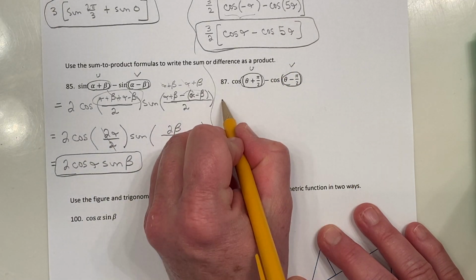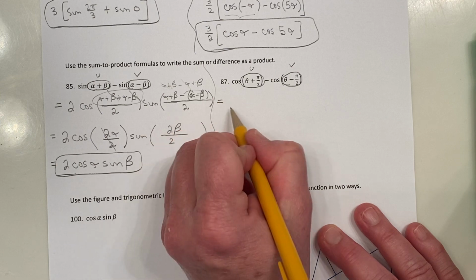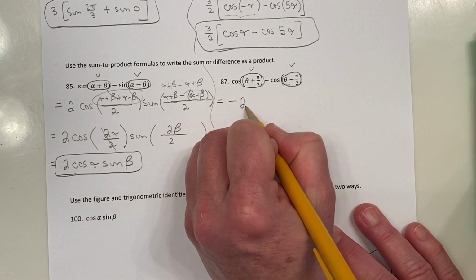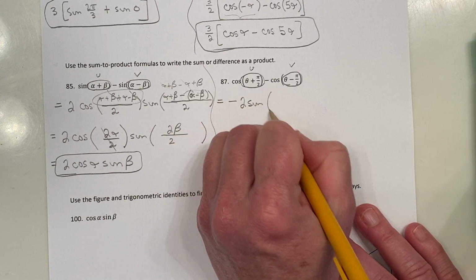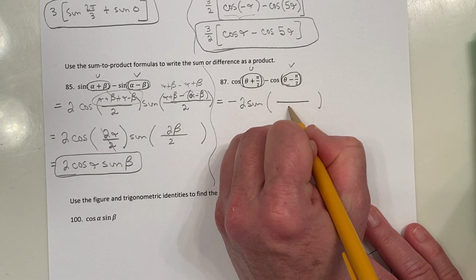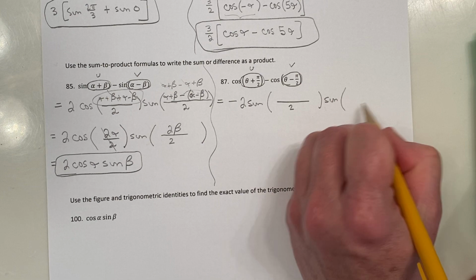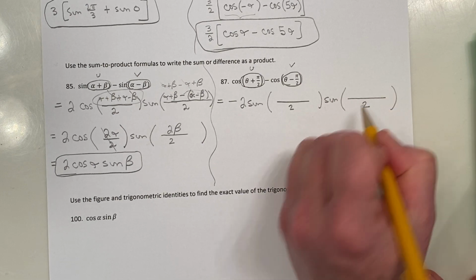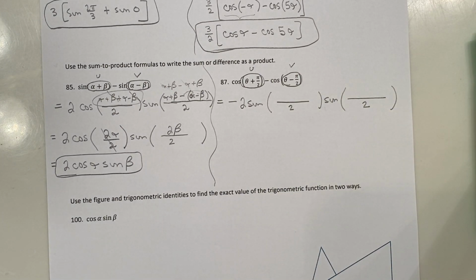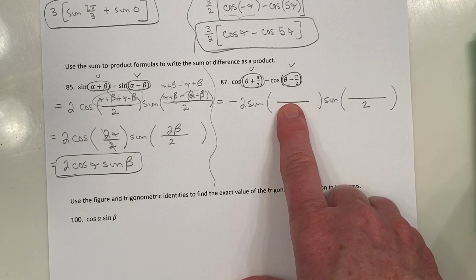So starts out in the formula -2 times the sine, big parenthesis here, divided by 2, and then times the sine here. Big parentheses divided by 2. So this numerator in the formula is u plus v.